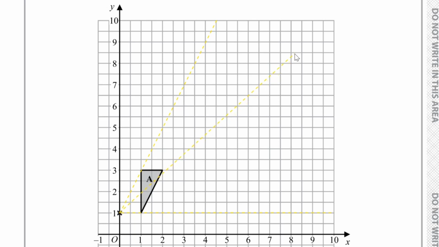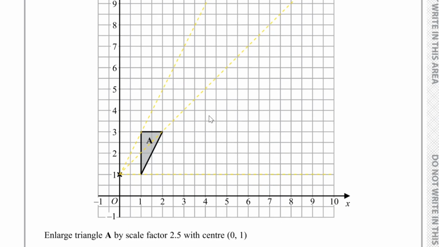So this goes 1, 2, 3, 4, and then 1, 2, 3, 4 up. Okay. So this looks something like that. So the shape that we're going to draw should pass through these orange lines here.